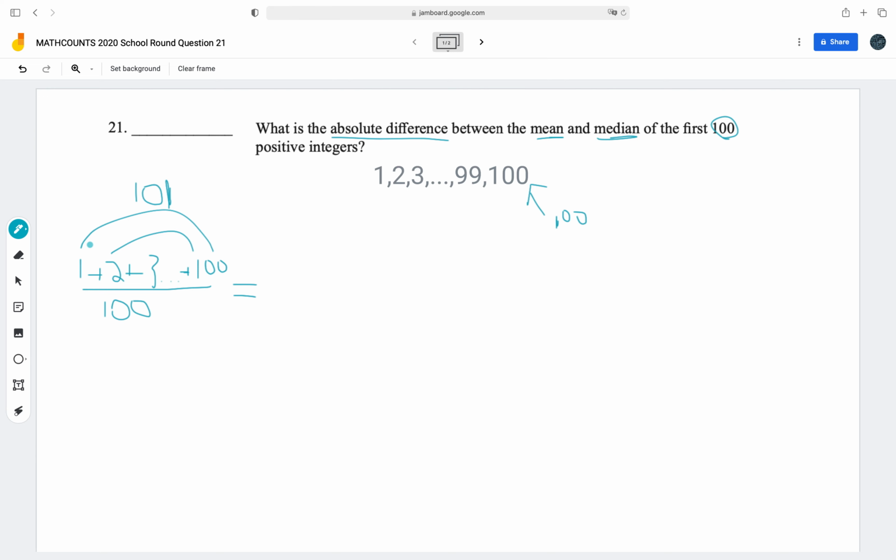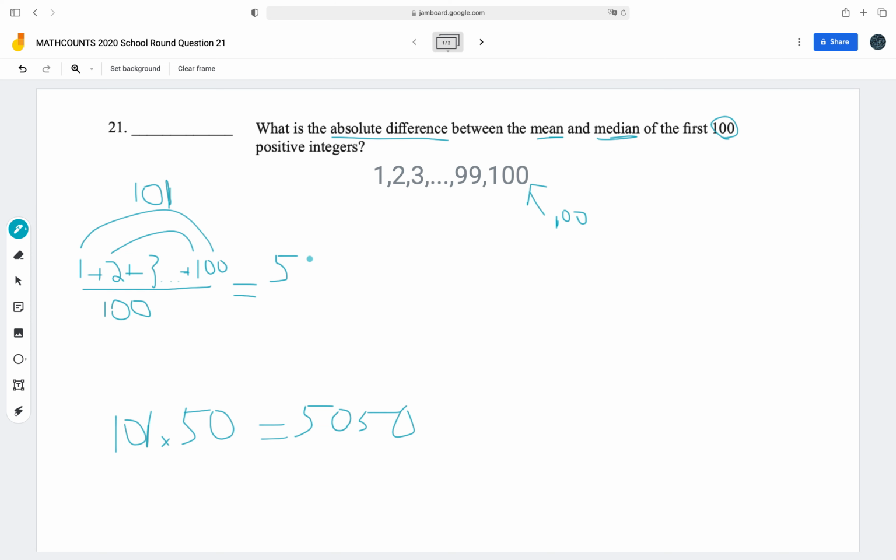There are 100 divided by 2, which is 50 pairs. So 101 times 50: 5 times 101 is 505, and then the 0 at the end. So the sum of the first 100 positive integers is 5,050.